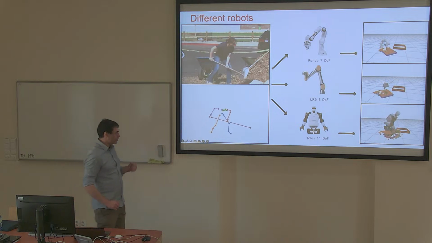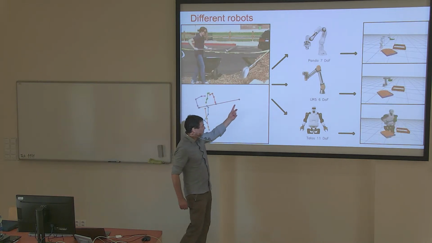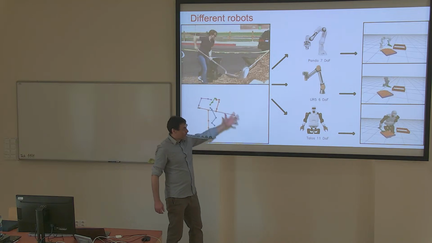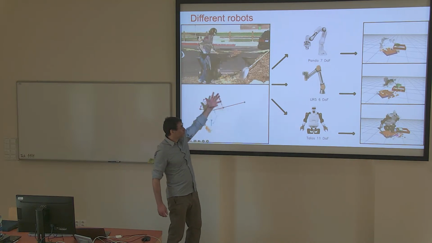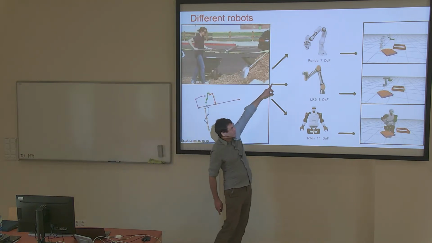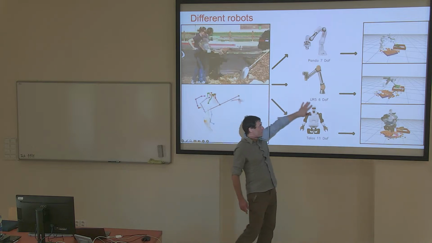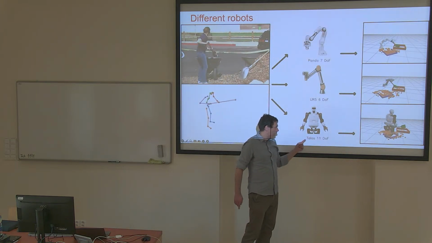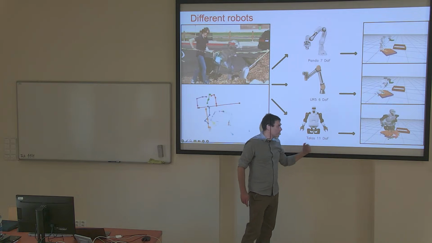And what's good about this also is that, because it's only based on the motion of the tool, the same algorithm can be applied to robots with different morphologies. From Panda, which has 7 degrees of freedom, to the UR5 robot, which has 6 degrees of freedom, or even the upper body of the Talos humanoid, which has 11 degrees of freedom.